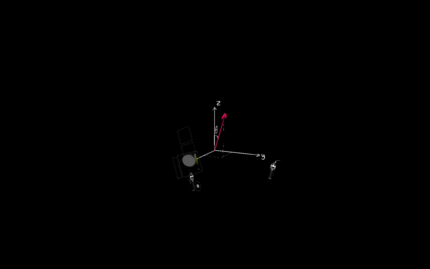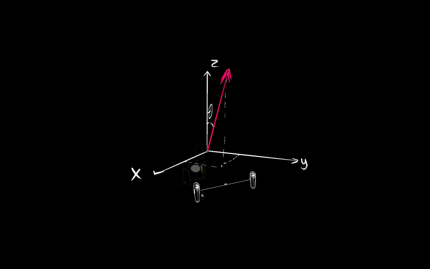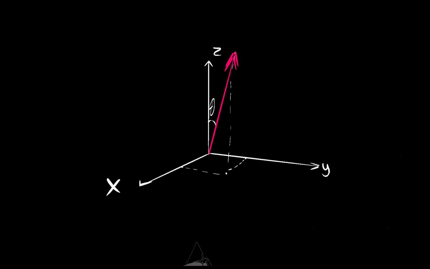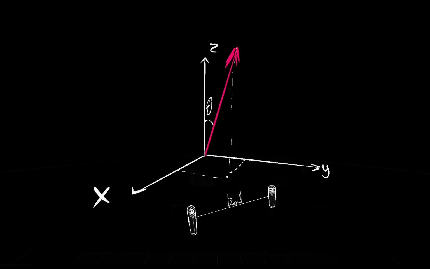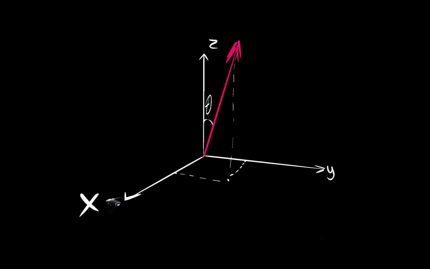We need to assign first a coordinate system. So here is our vector with a coordinate system. We've defined an x-axis, a y-axis, and a z-axis, straight up and down.